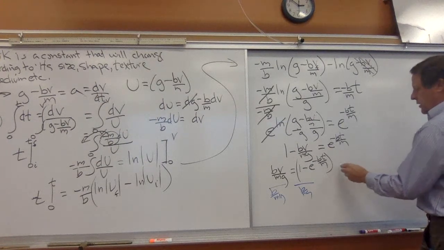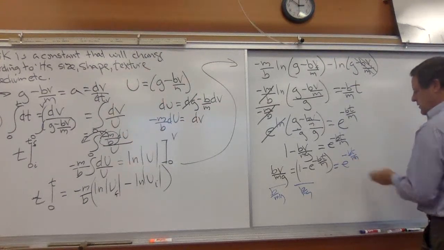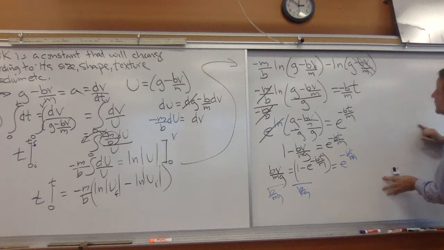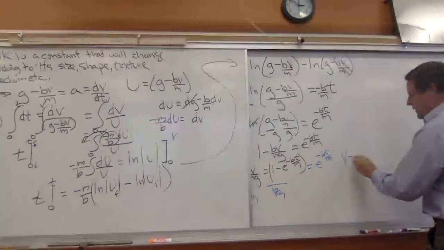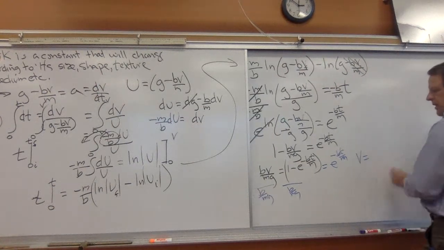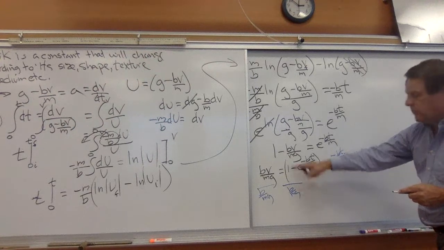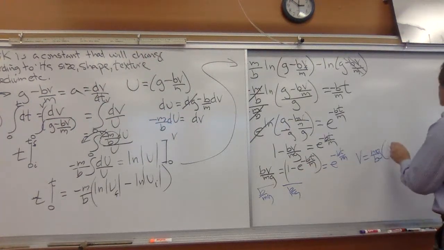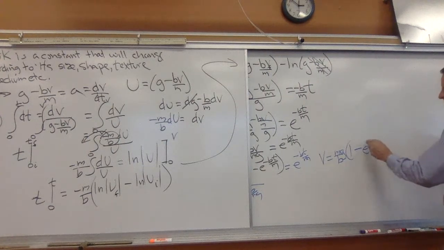So we end up having v is equal to mg over b times 1 minus e to the negative bt over m.